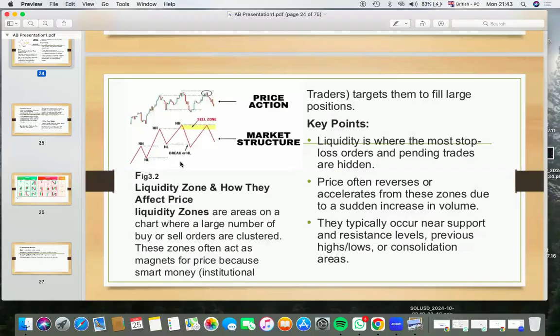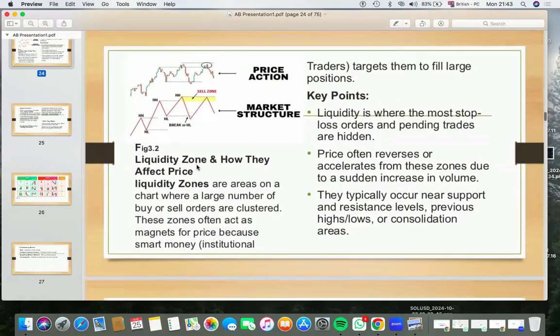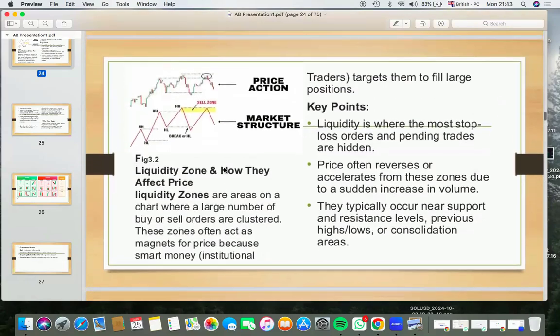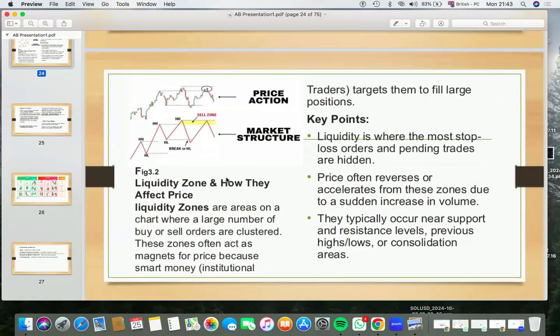So the buyers and the sellers are indecisive in the market, which in this case is not the type of market you want to trade. You want to trade when the market is either in the uptrend or in the downtrend. So you don't want to trade when the market is stagnant.